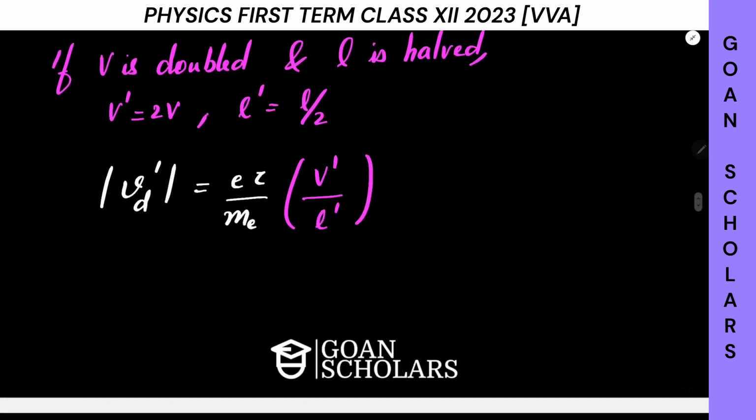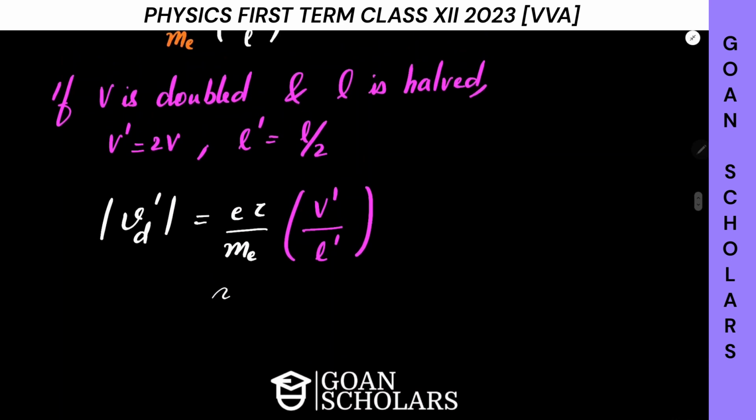Let's substitute the values. On substituting, what will we get? We will get E tau by Me, correct? V dash, twice of V, upon L dash, L by 2. This 2 will go up and we get our final expression.